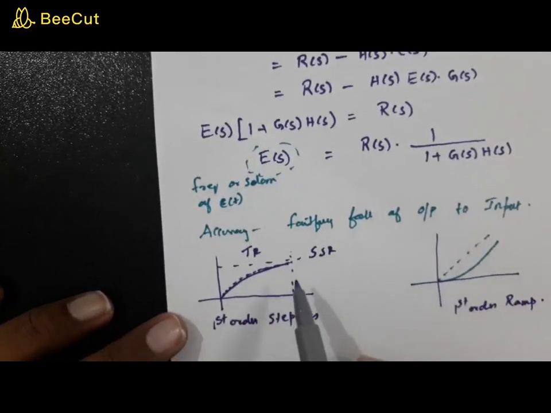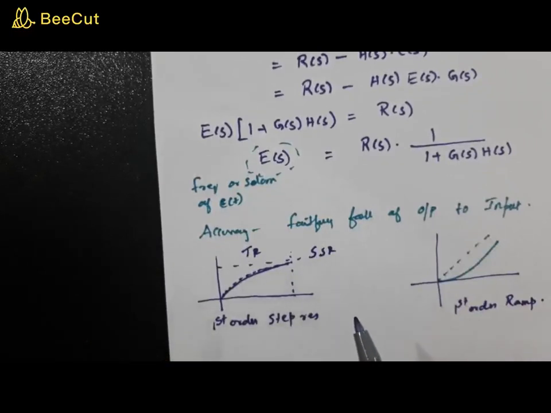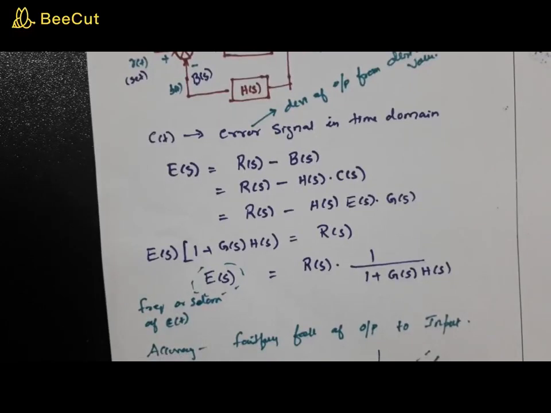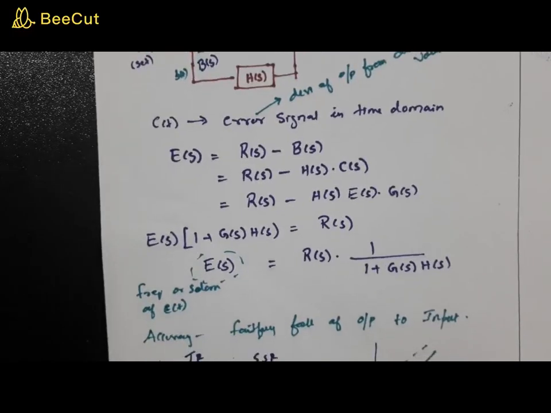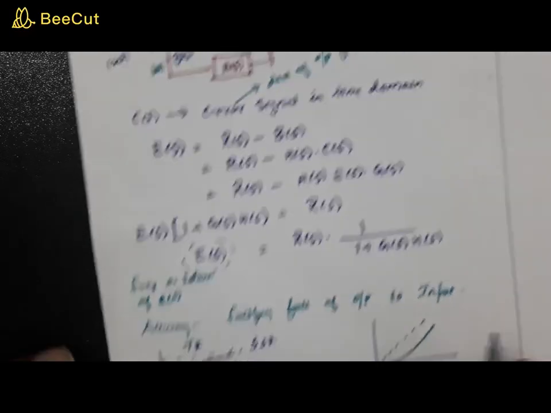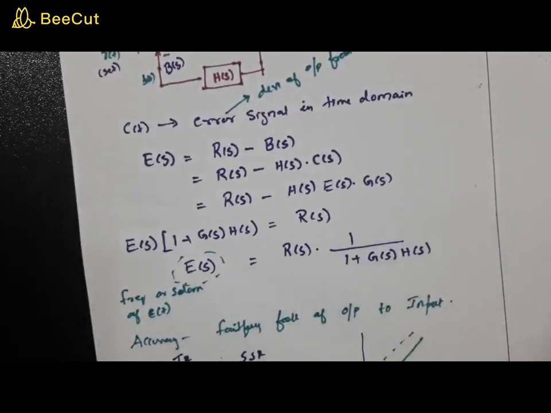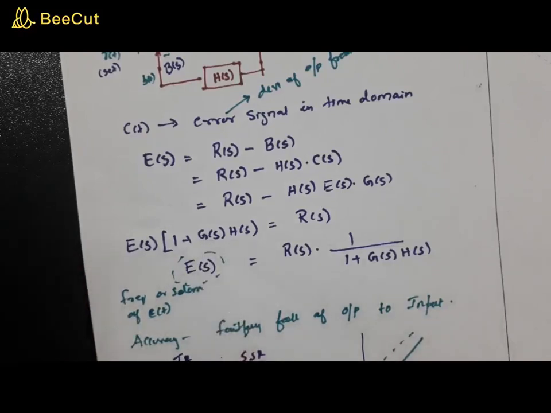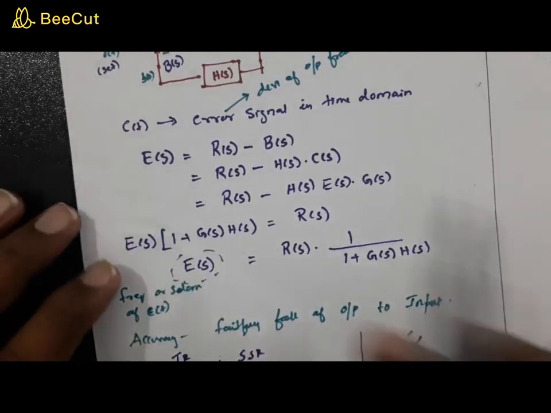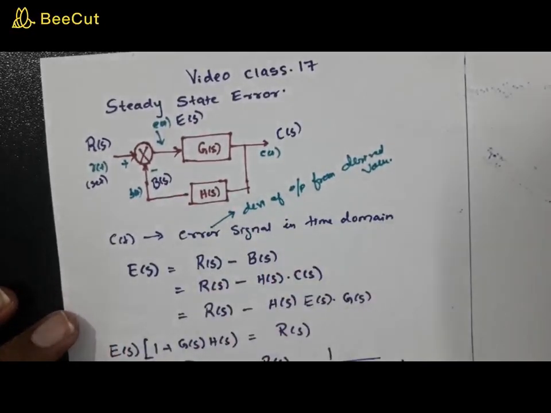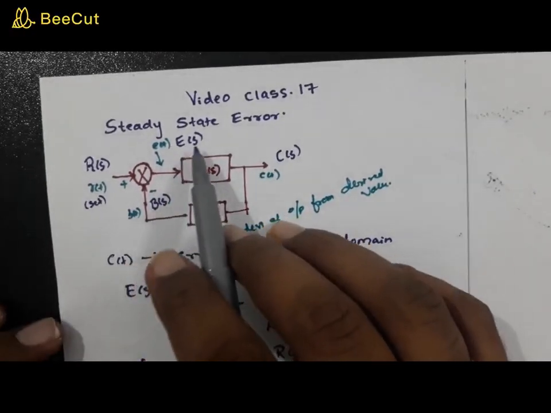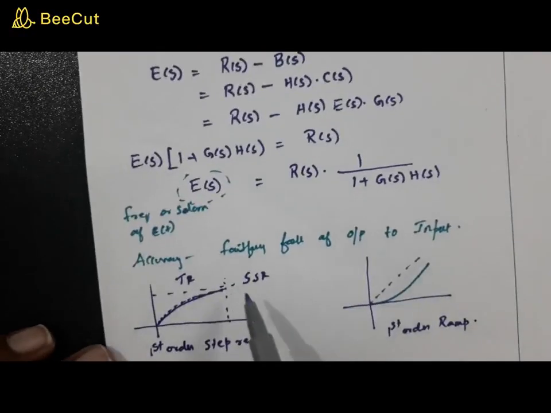Now, in the steady state response, for any control system, the desirable condition is that the error has to be zero. The idealistic condition is that the error has to be zero, or in a sense e of s has to be equal to zero. So definitely there will be some e of s as the control takes place, but the control action will take place in such a way that you make this e of s zero at the steady state.